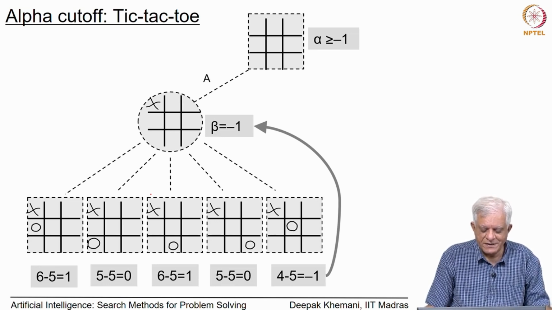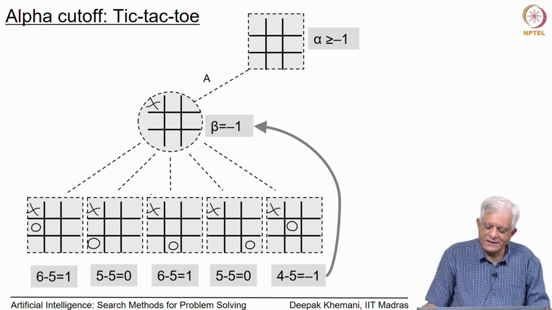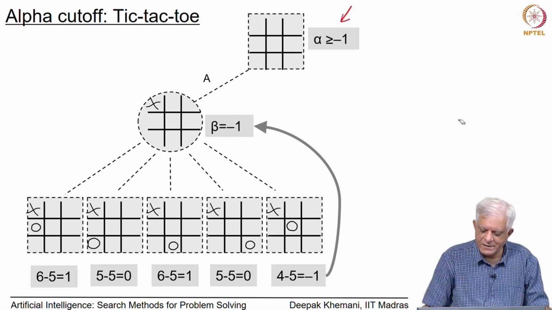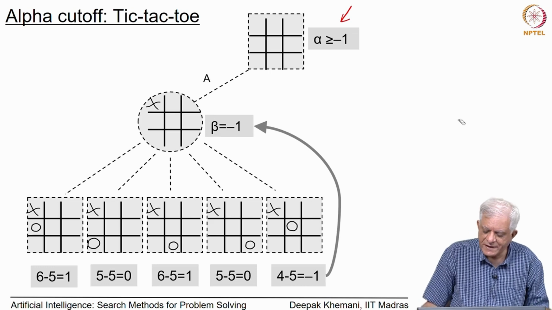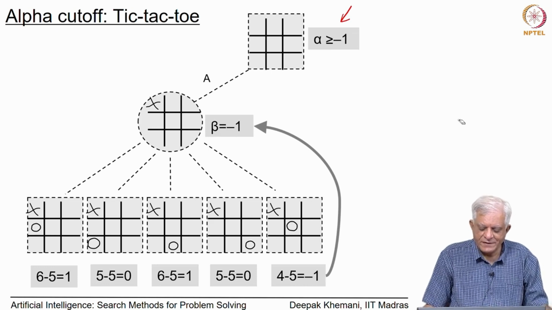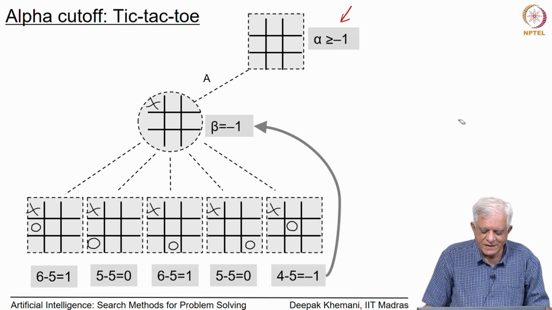What does this mean? This is a value that beta will send to its parent alpha node, and as you can see here, it means that alpha is going to be greater than or equal to -1. Why is that? The first beta child, which is A, has given it a value of -1.